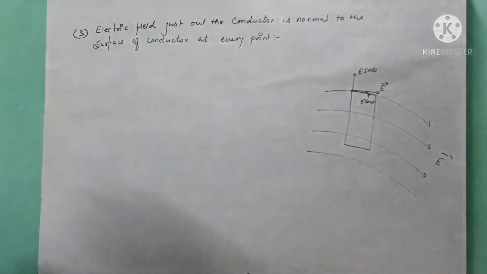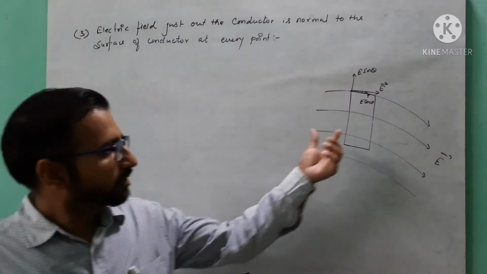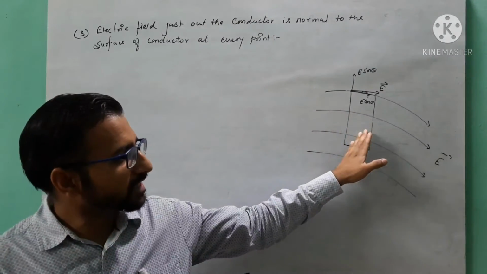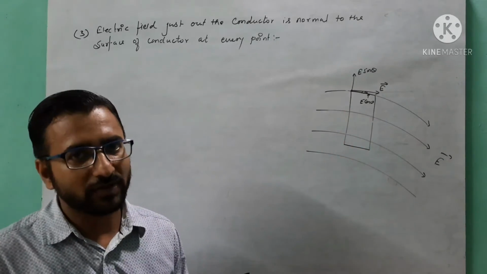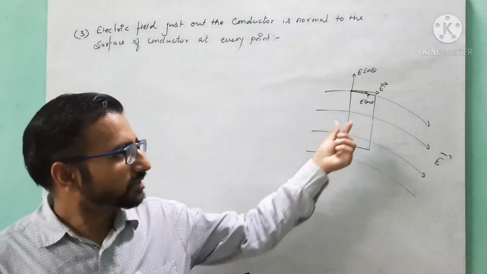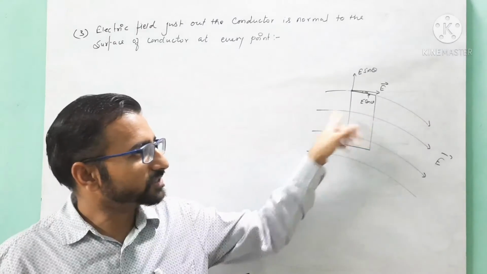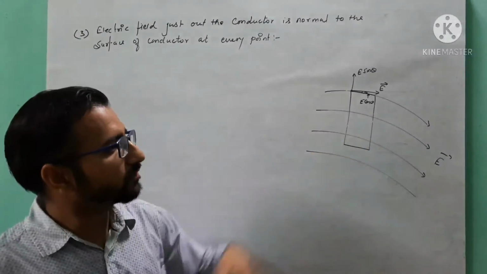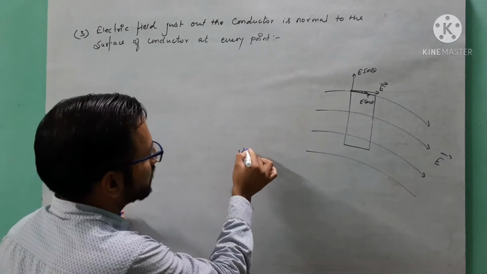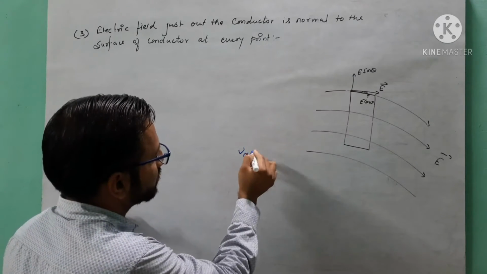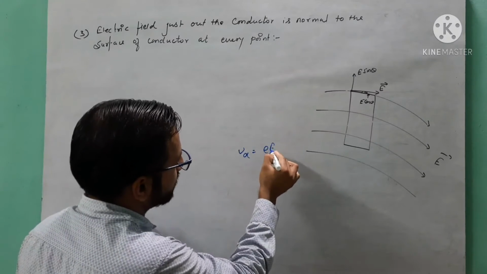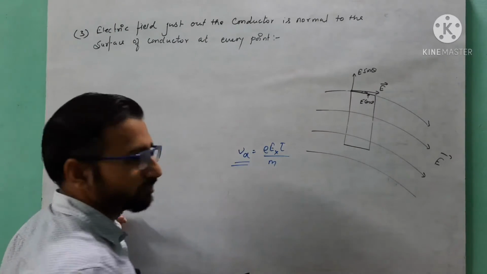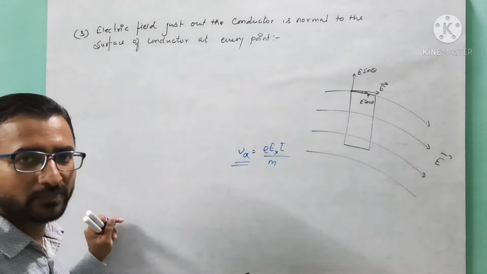As we know, when we place a conductor in the electric field, the charge will flow inside the conductor after rearrangement, and once the rearrangement is done, the flow of charge stops. Then we will use the formula Vd = eEτ/m, which we have done. Here Vd is the drift velocity of electrons or charges.